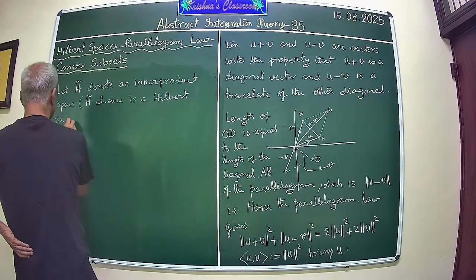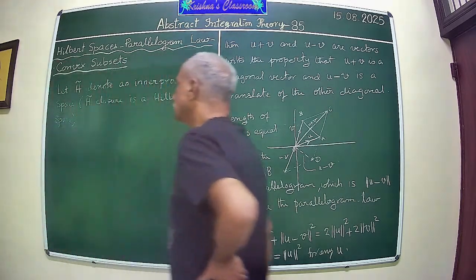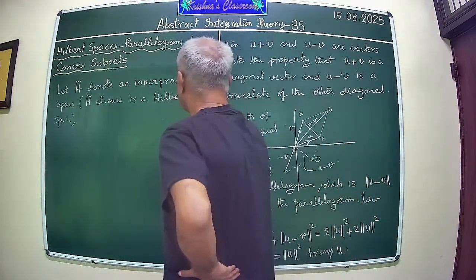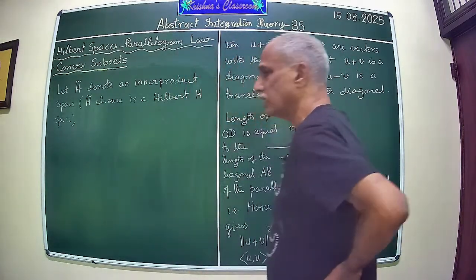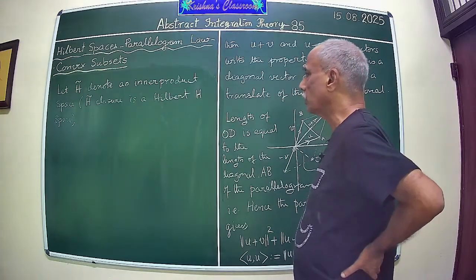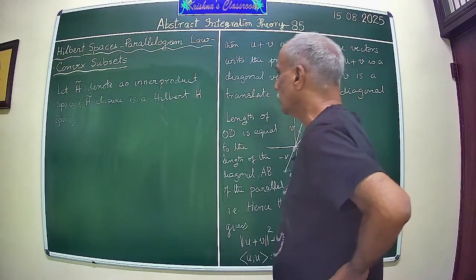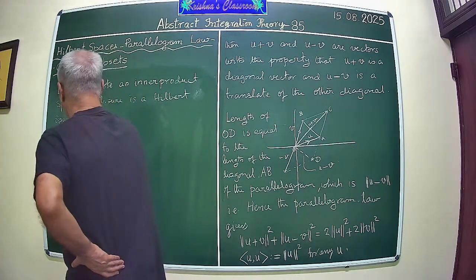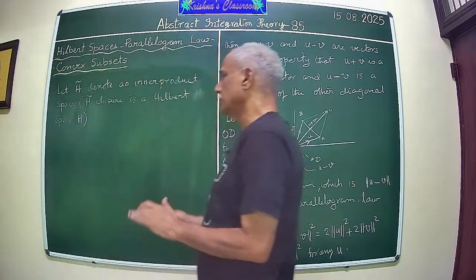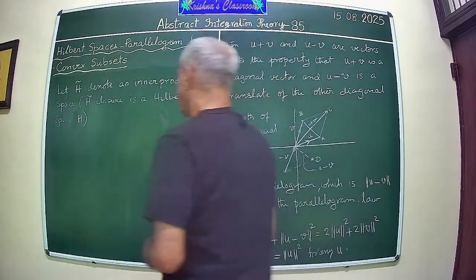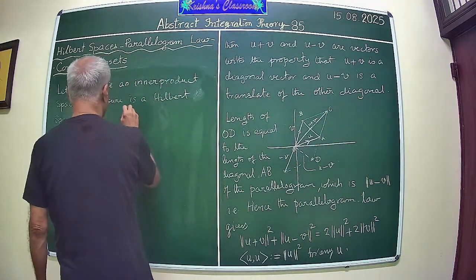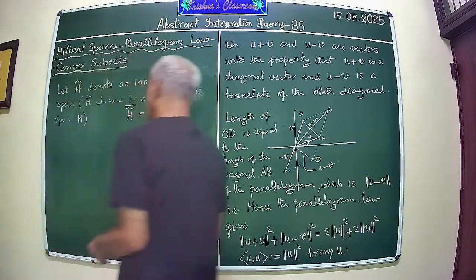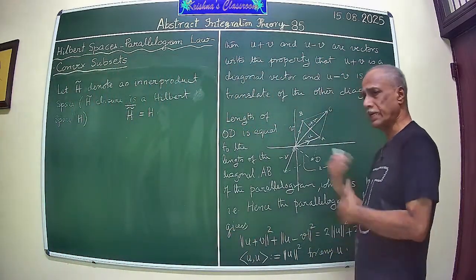So we are just distinguishing the notations using H and H tilde. So H tilde closure is the Hilbert space H. That's our usual notation for Hilbert space. Okay, so we shall work in H tilde.